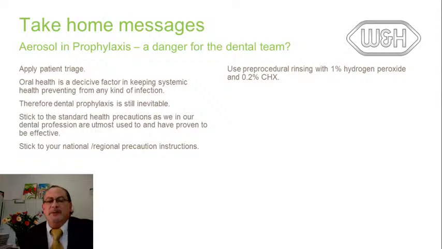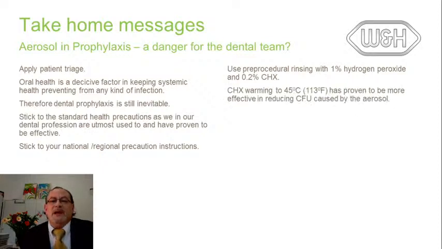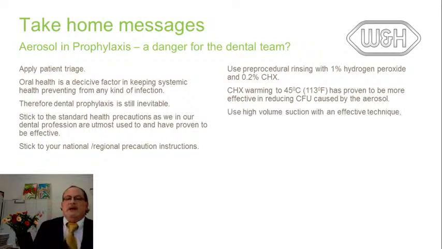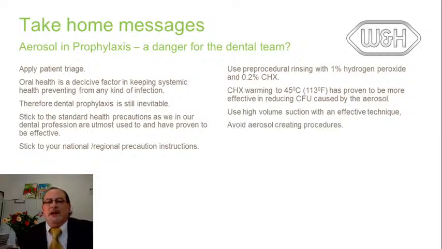Use pre-procedural rinsing with 1% hydrogen peroxide and 0.2% chlorhexidine or povidone iodine. CHX warmed up to 45 degrees has proven to be more effective in reducing colony-forming units caused by the aerosol. Use high volume suction with an effective technique and avoid aerosol creating procedures.